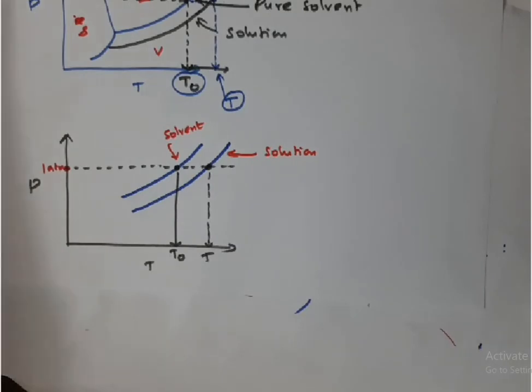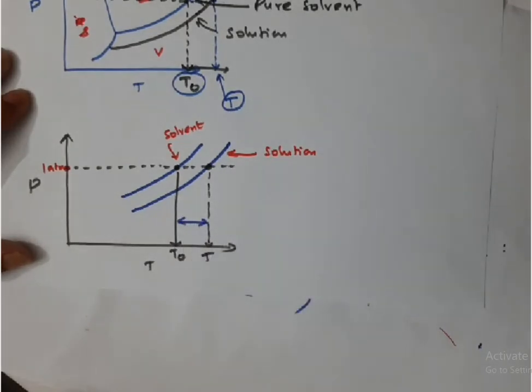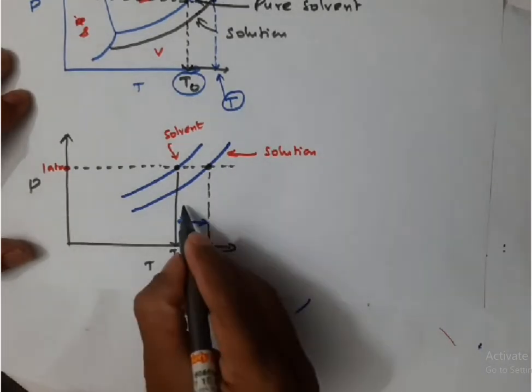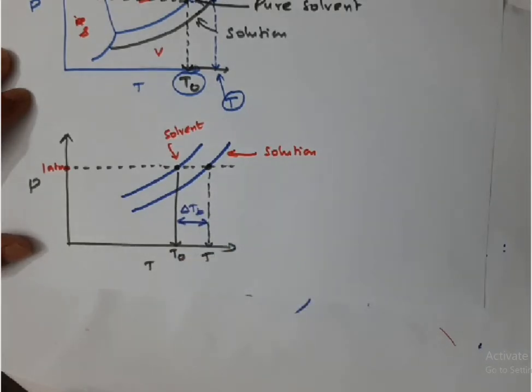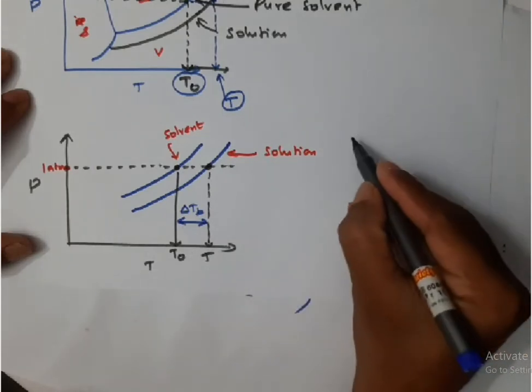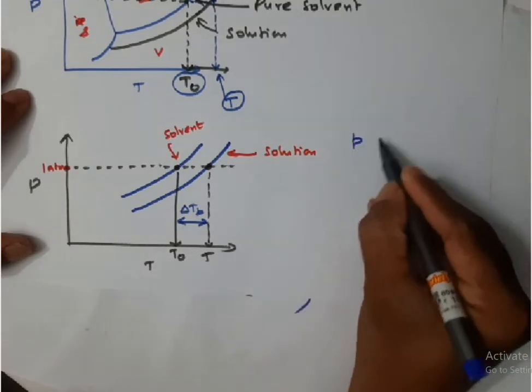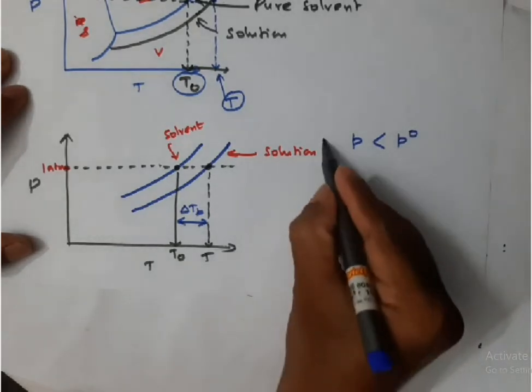Okay, students, is this clear? And this is very important: this gap or difference is what we call delta TB, elevation in boiling point. So keep this in mind. Vapor pressure of solution is less than vapor pressure of pure solvent when we add a non-volatile solute.